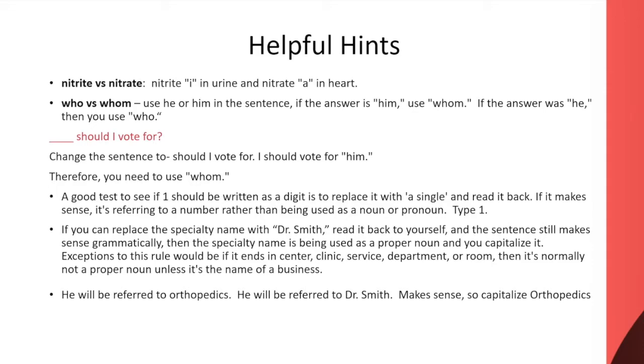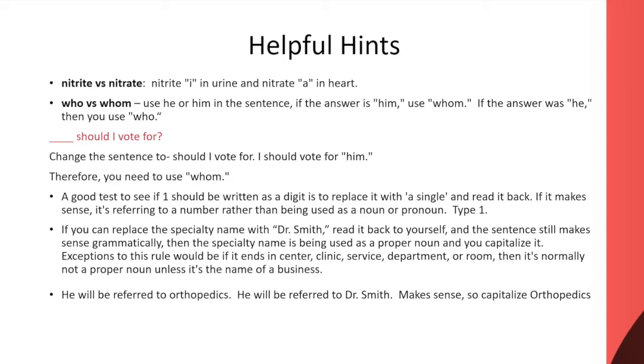Okay, everybody get that? So to figure out whether it should be the numeral 1 or written out, read it back in the sentence, but where it says 1, say a single. And if it makes sense, then it's the numeral 1, and you would type out the numeral. Okay.